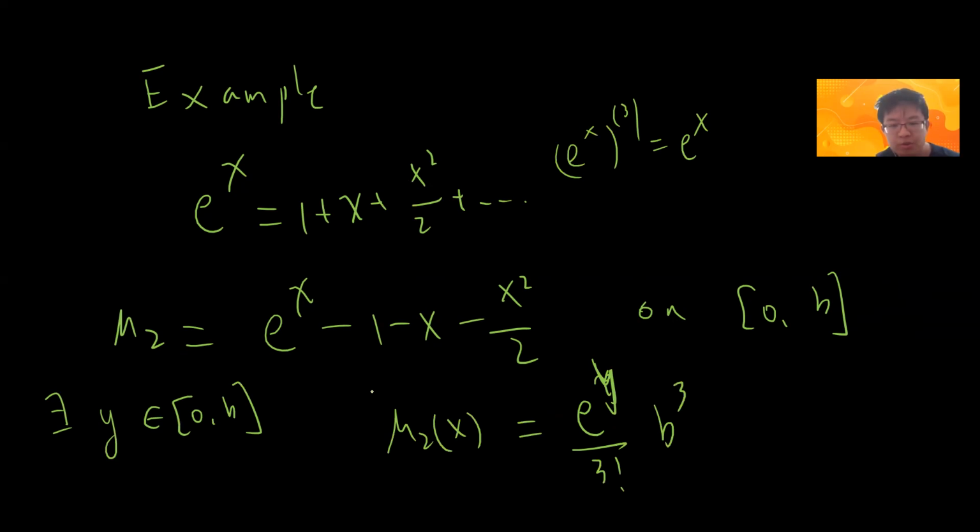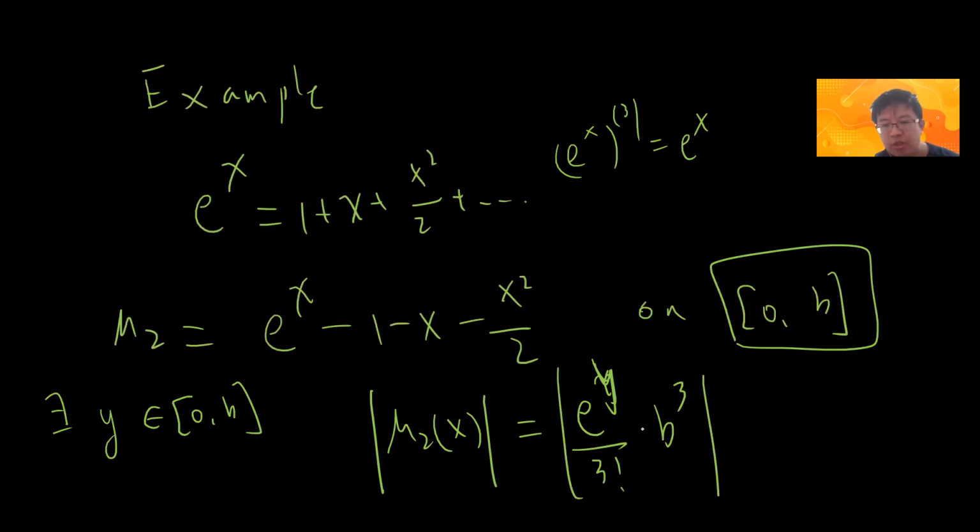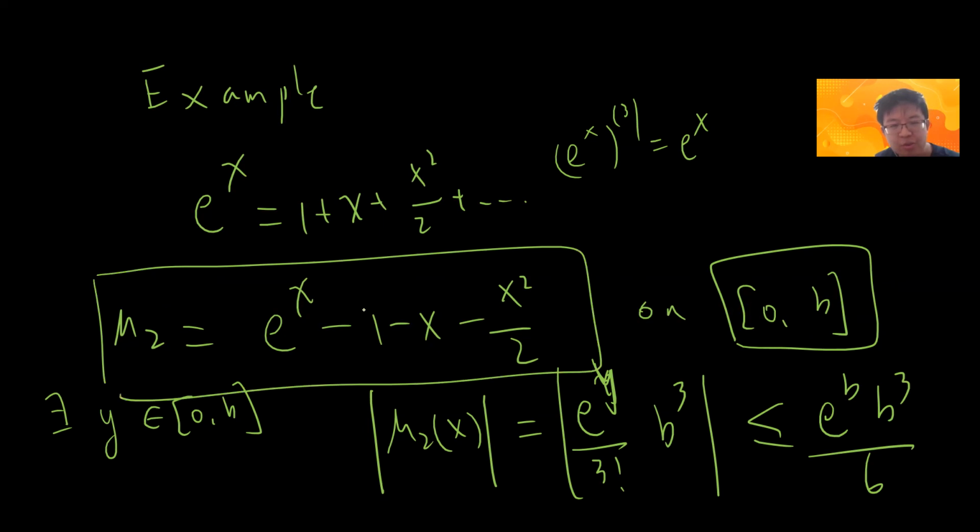So you can prove that the error term on this interval 0 to b is bounded by this. The exponential is easy to approximate because it is monotone, so it is less than exponential b times b to the cube divided by 6. So now you are not just doing the Taylor expansion, you are also approximating this.